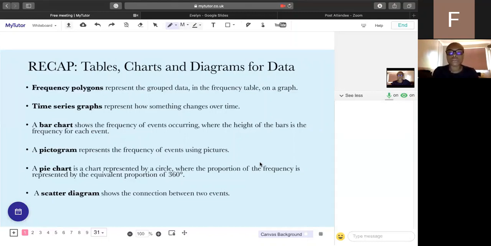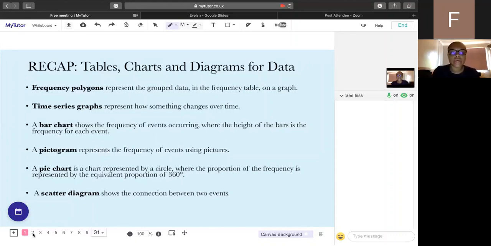So the proportion of the frequency is represented by the equivalent proportion of 360 degrees, because 360 degrees is the total angle around a point. And we finally looked at scatter diagrams, which show the connection between two events. So that's when we looked at whether we had a positive correlation, a negative correlation, or no correlation.